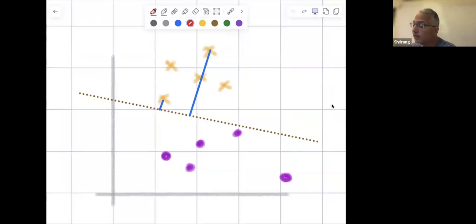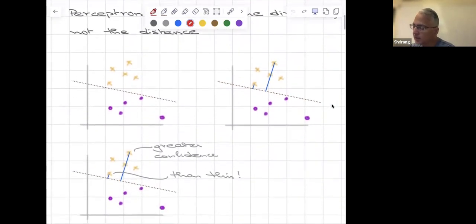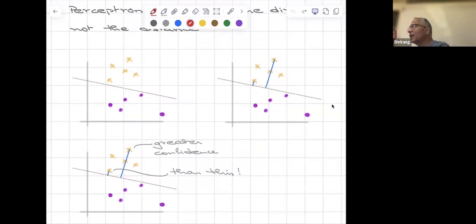We have a greater confidence in the point that is far off than the one that is close by. Taking what you said and inverting it, if it's close by, then yes, it is on the right side, but I'm not completely sure. If it's further off, it's comfortably on the right side, right?